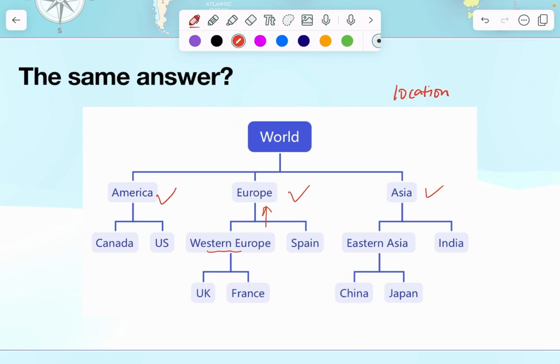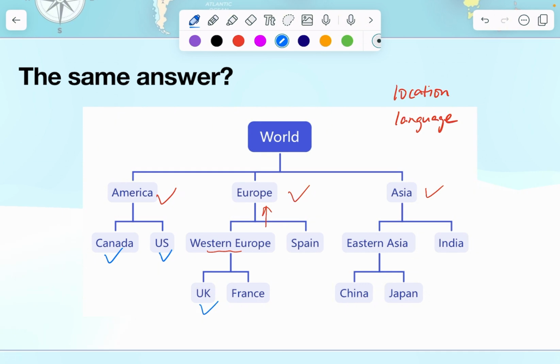grouping is based on the location, and your grouping may be based on the language. You might see Canada, US, and UK. Their official language is English, so you can divide them into the same group, and the other countries are in other different groups.